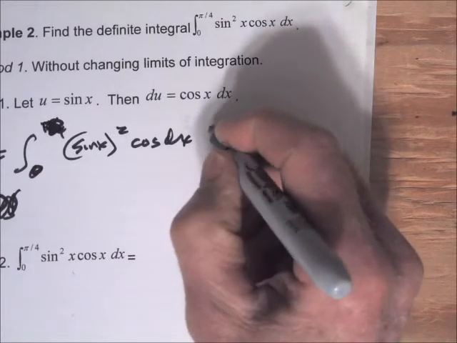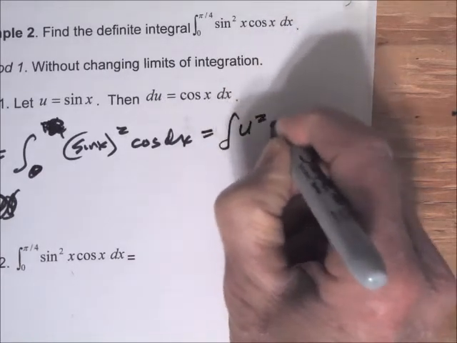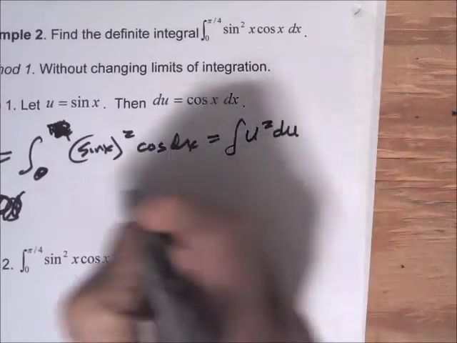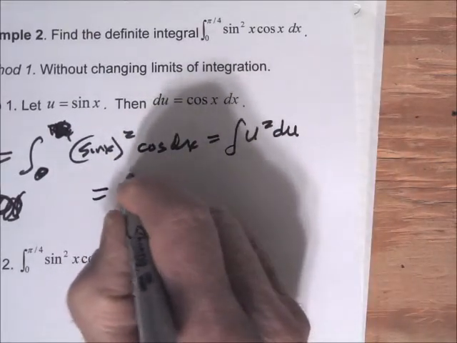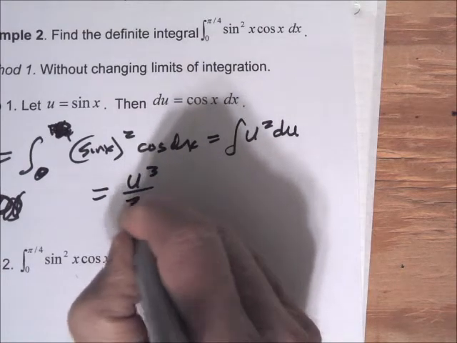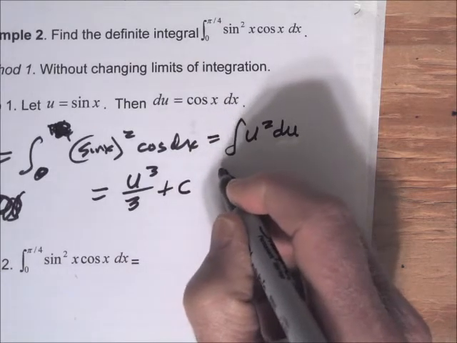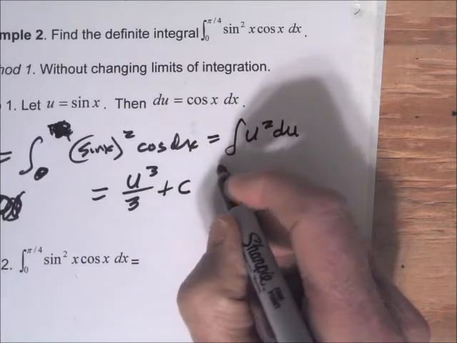So we can rewrite this as the integral of u squared du, and use the power rule again. Add 1 to the exponent, divide by the new exponent, so u to the third over 3 plus a constant. Then we can put the x's back in.